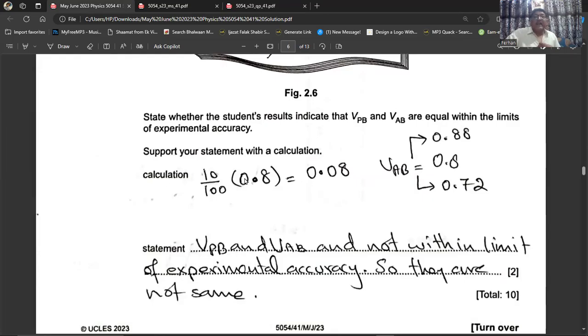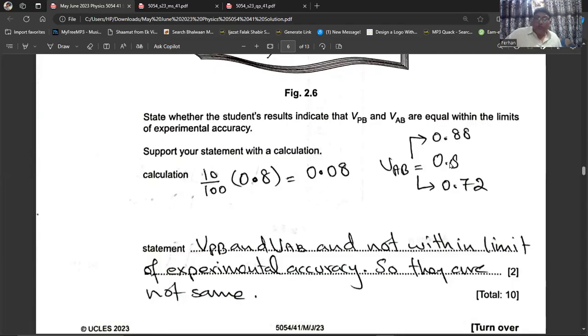So let's find the 10% of 0.8. 10% of the 0.8, and it will be 10 by 100 is 0.1, that is 0.08. So that means the VAB value, which is 0.8 volt, if I add in it 0.08, I get 0.88.